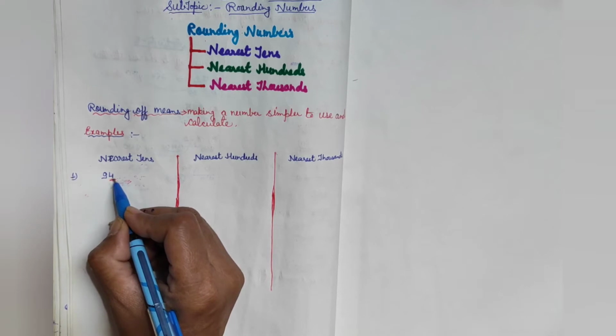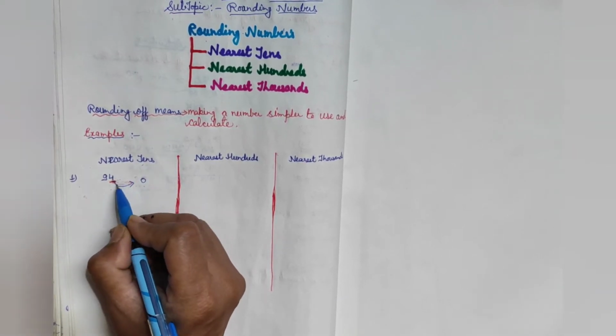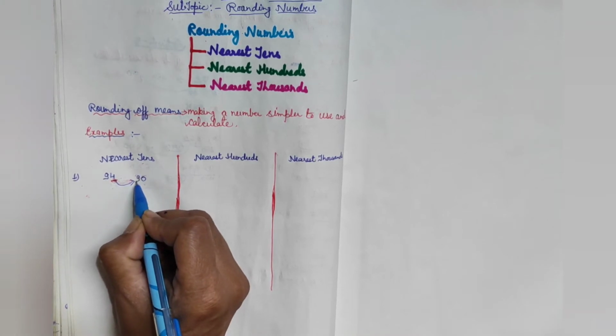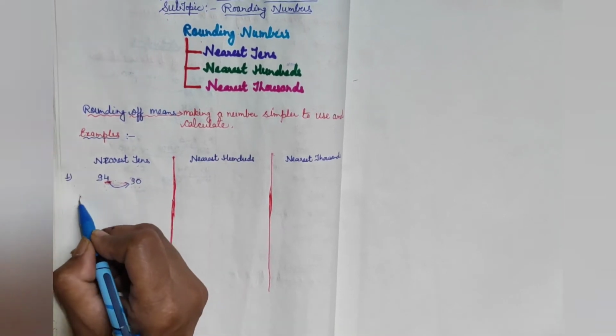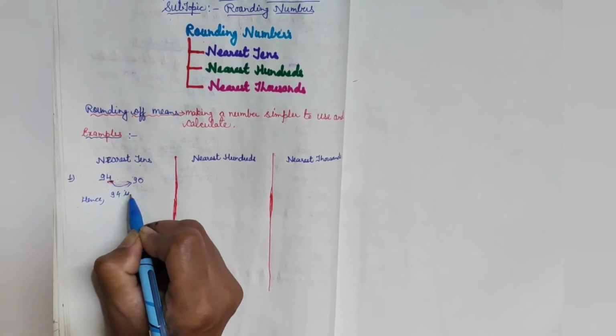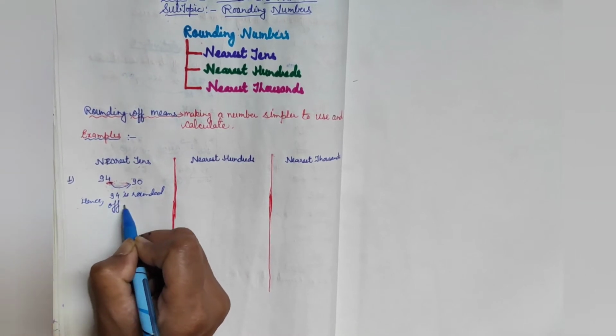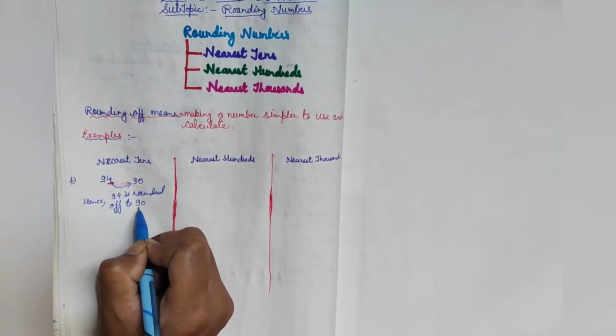So we replace 4 by 0 and write 9 as it is. Hence, 94 is rounded off to 90.